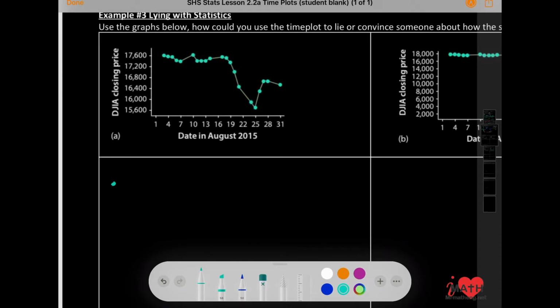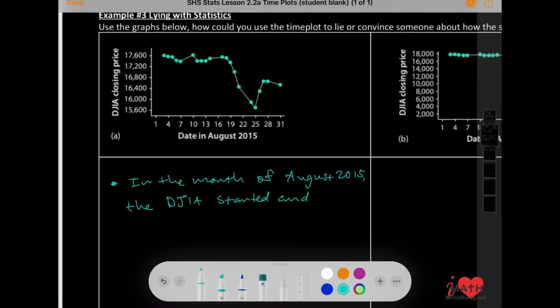Maybe I try to convince you that in the month of August 2015, the Dow Jones Industrial Average started high and ended lower.